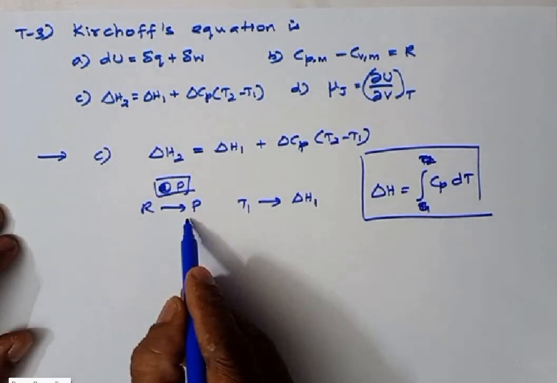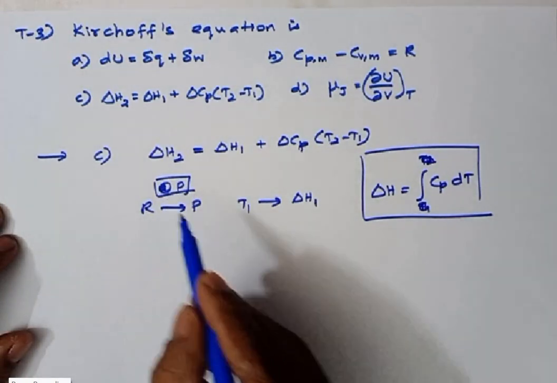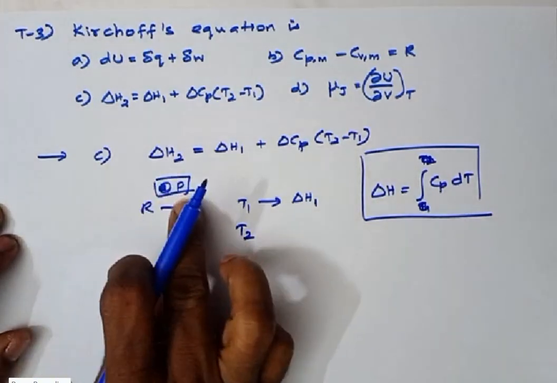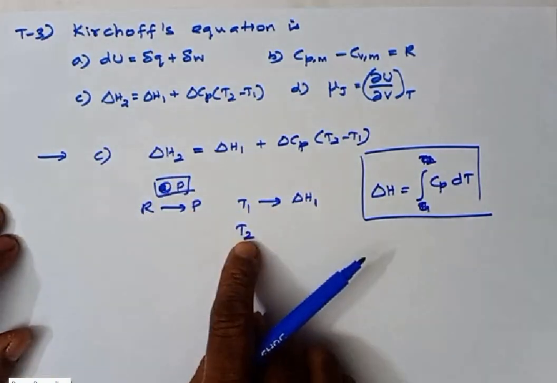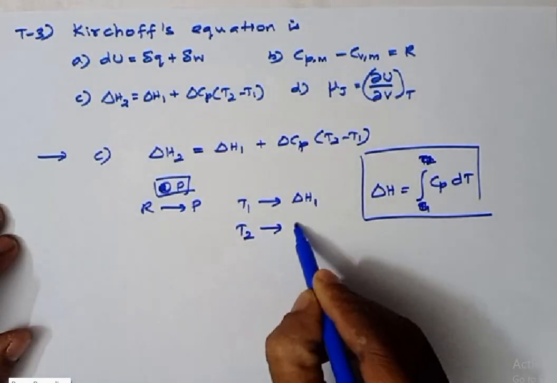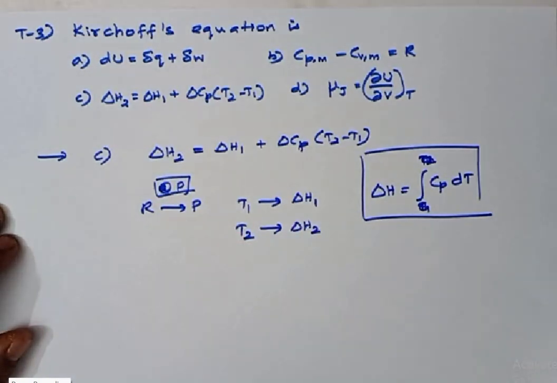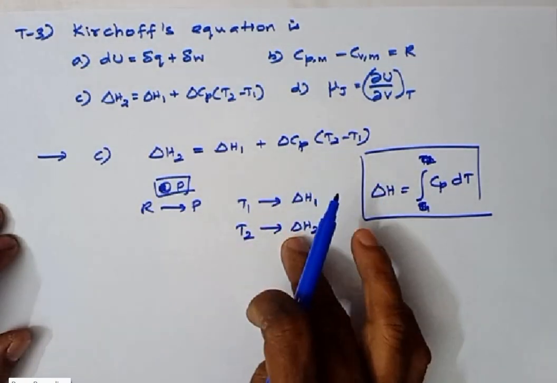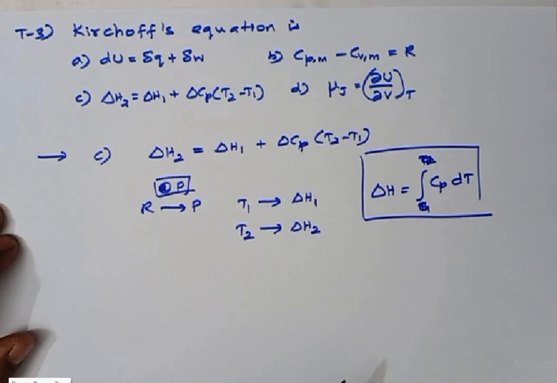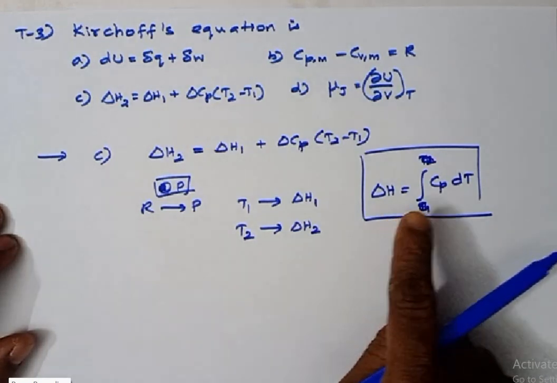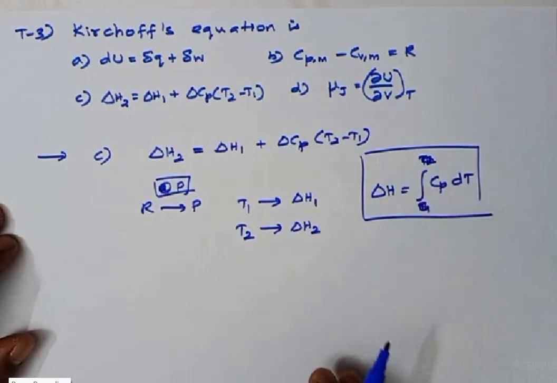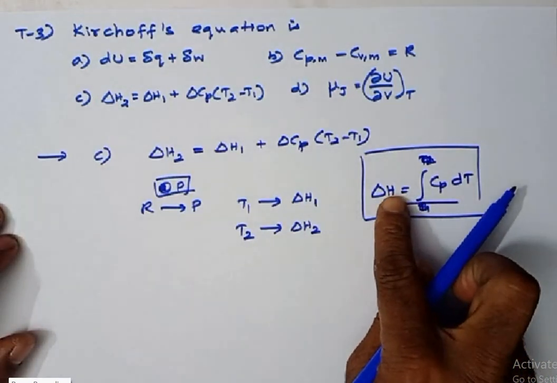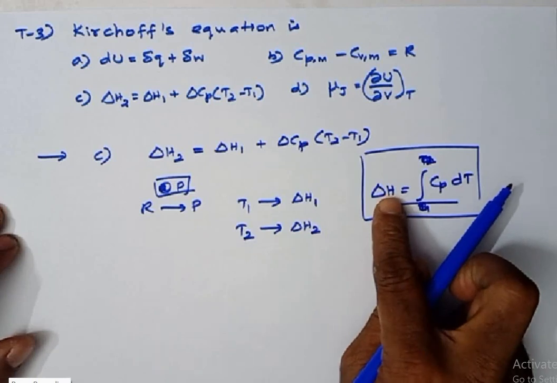Now, you carry out the same reaction at the same pressure but at a different temperature T2, and find out the enthalpy change, delta H2. So if you change the temperature of the reaction, enthalpy also changes. Now to find the change in enthalpy, what to do? This is the finite integral.